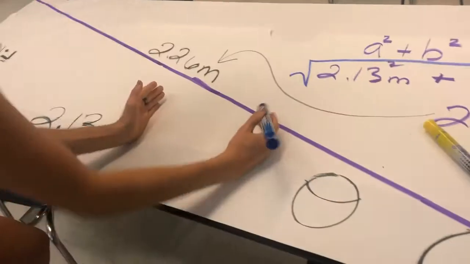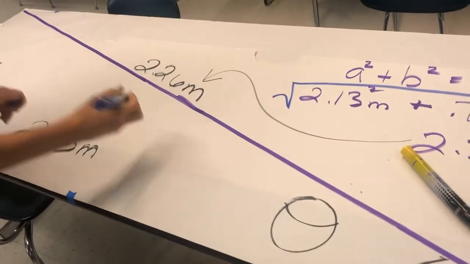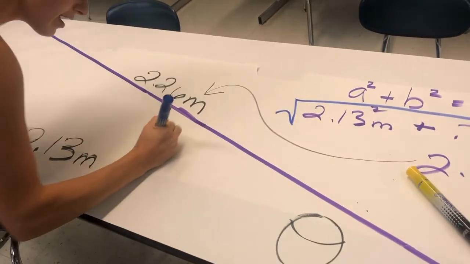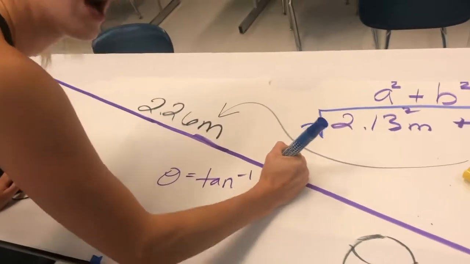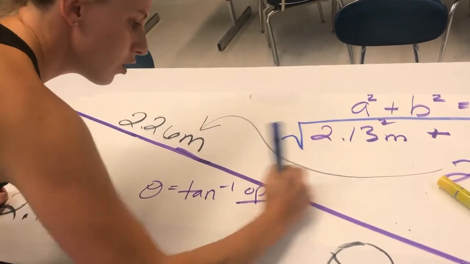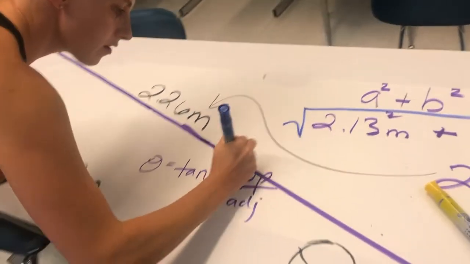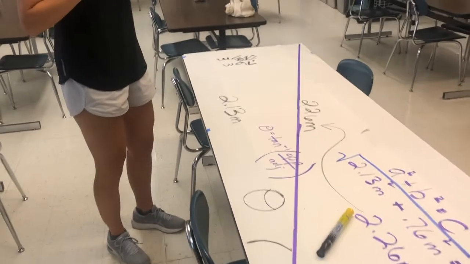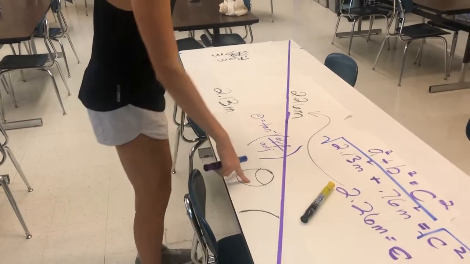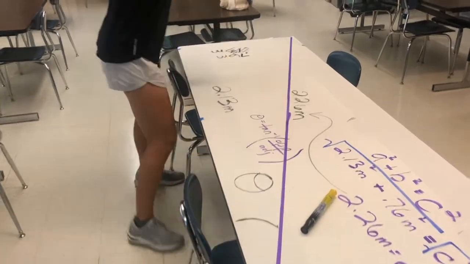Okay, I'm gonna write it right here for you guys. Okay, so we said that theta equals tangent -1 opposite over adjacent. I'm gonna put those in parentheses for you guys. Which one's the opposite side? Good question. If this is my angle, my opposite side is this one.